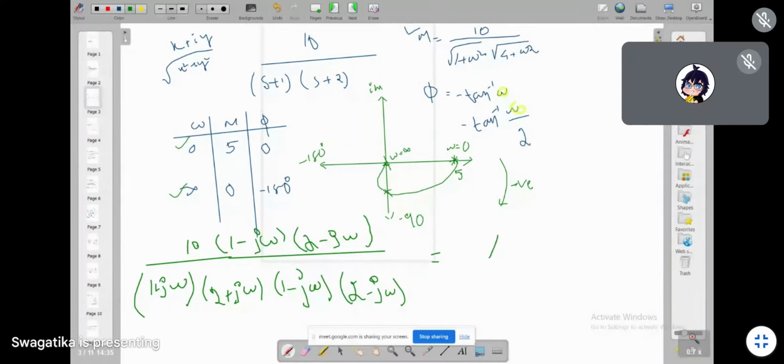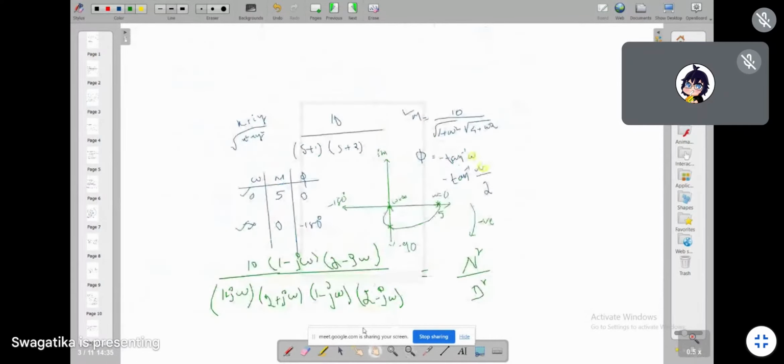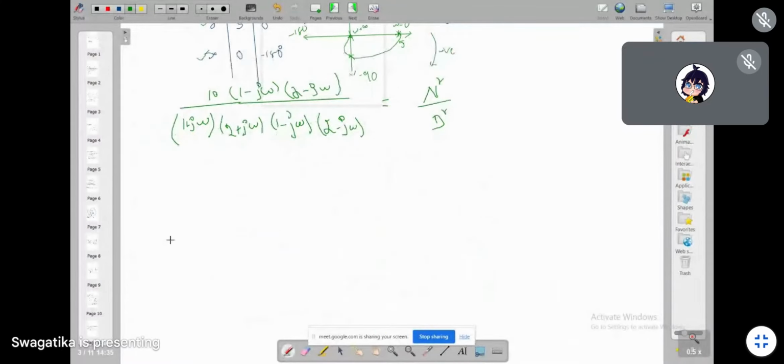So I can write down my numerator will be 10 into (1 minus j omega) into (2 minus j omega). You can open the bracket and it will be 2 minus 3j omega minus omega square. Is it correct or not?